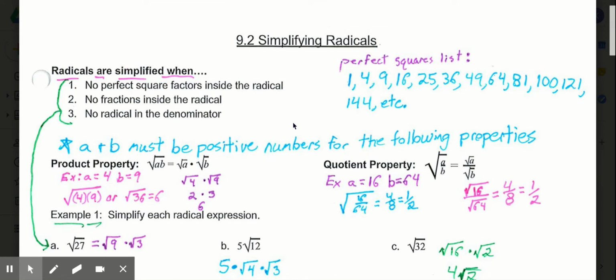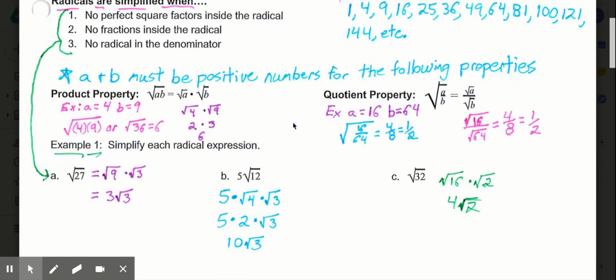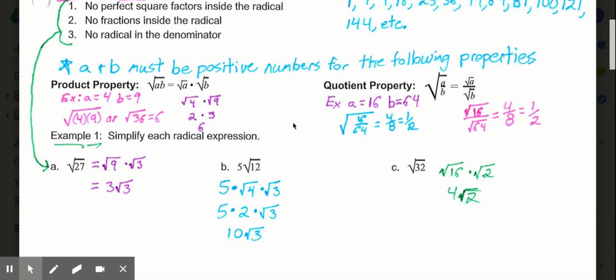Now we're going to move down to the two properties we're looking at. These should be pretty familiar based on our properties of exponents. The product property means if we have two values being multiplied inside of a square root, we can split them.